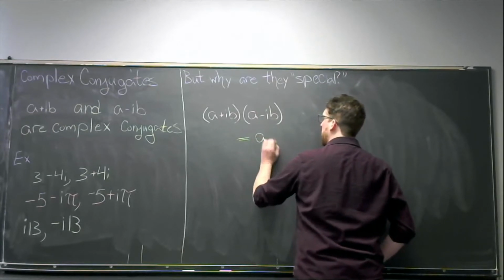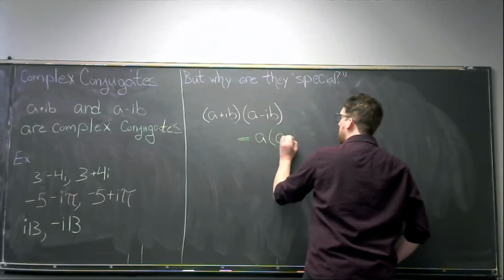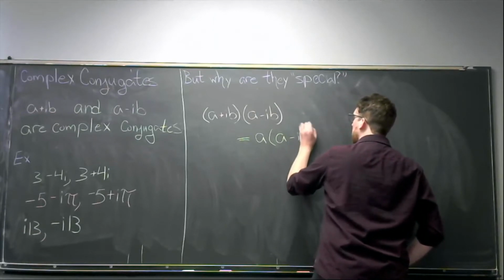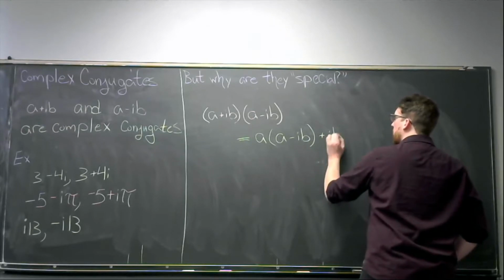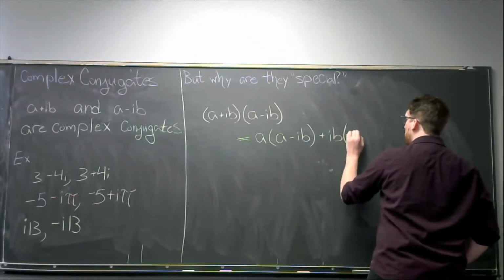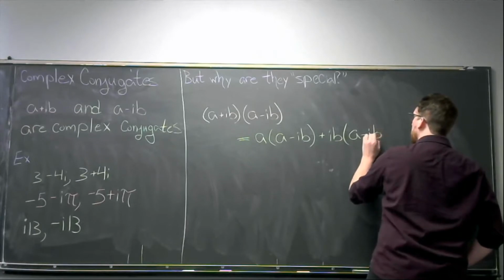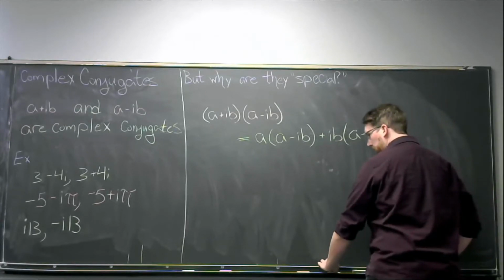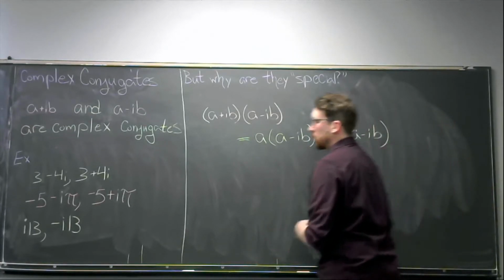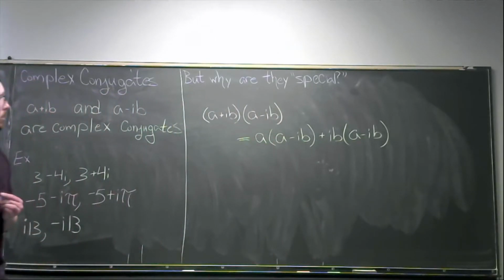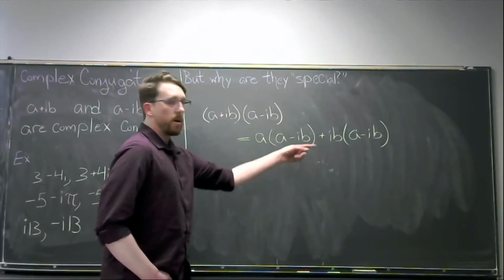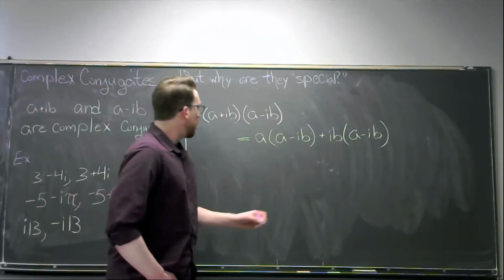It's going to come out to be a times a minus ib plus ib times a minus ib. Now we're going to go ahead and distribute through.